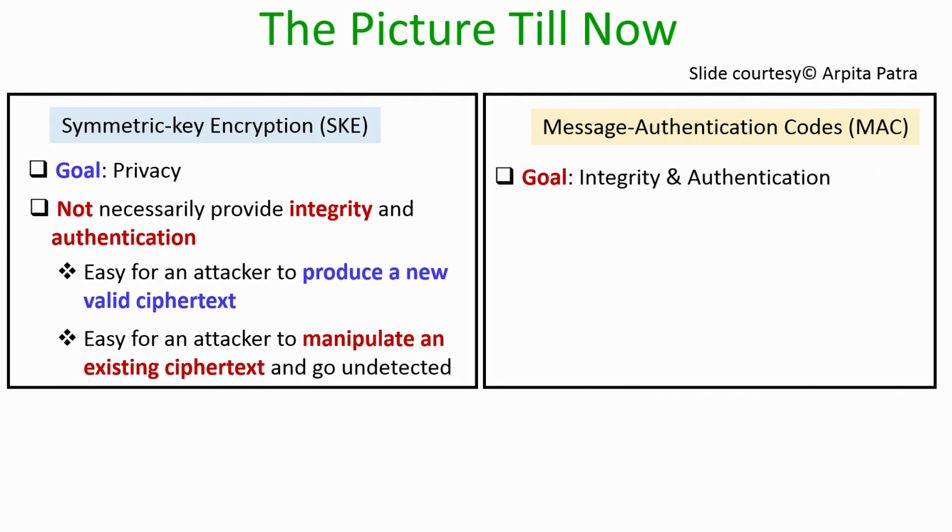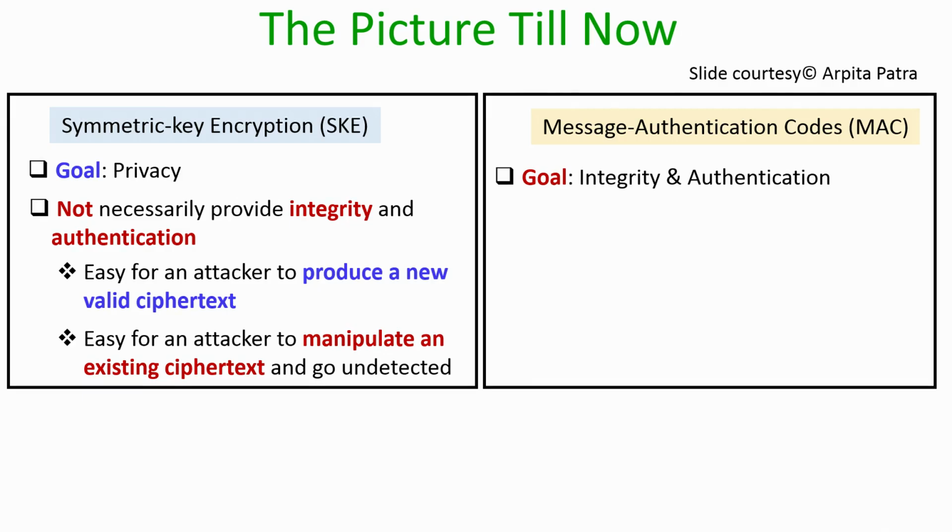It is easy to see that for whatever encryption mechanisms we have discussed till now, it is very easy for an attacker to produce a new valid ciphertext, because a ciphertext is nothing but a bit string. Since the adversary is aware of the ciphertext space, it can just produce some bit string belonging to that space and forward it to the receiver, and the receiver will have no mechanism to verify whether the bit string has indeed originated from the designated sender or not.